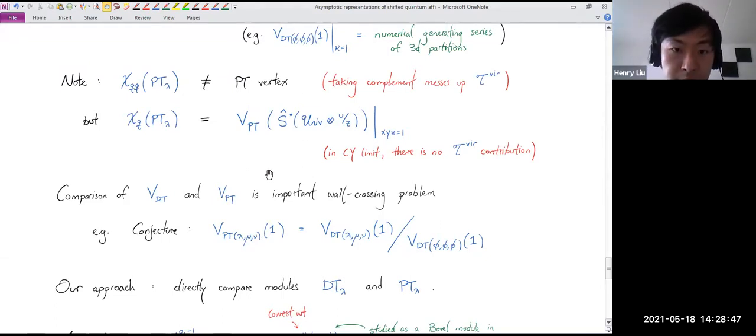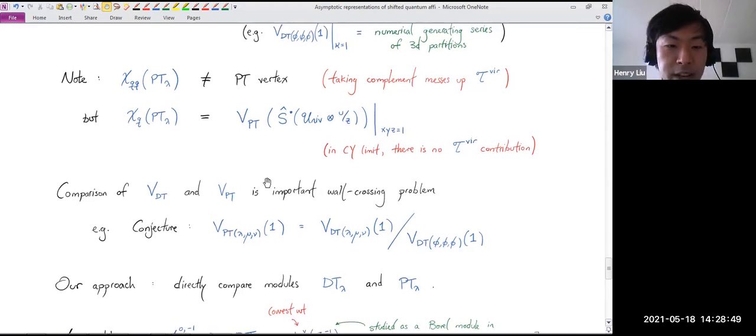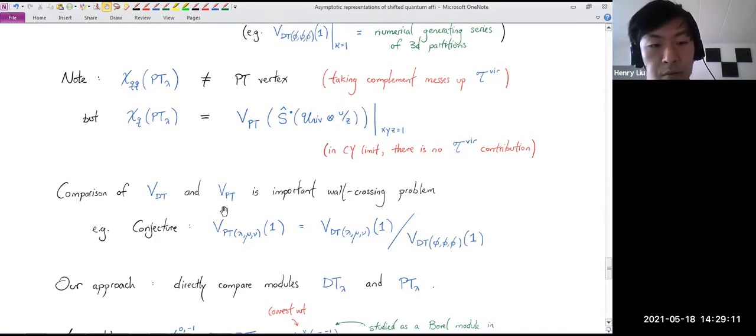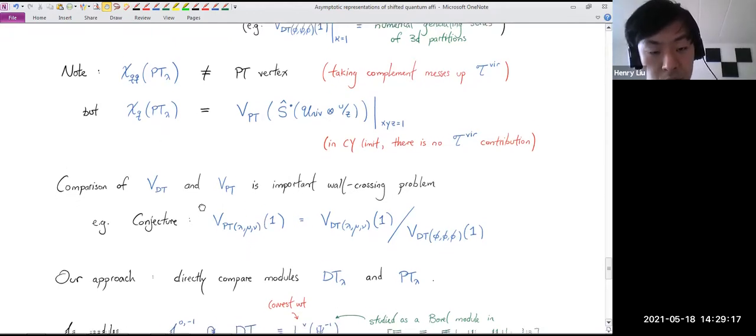Okay, so now that I've said something about the hardness of this problem, now I can finally say a potential approach toward understanding wall-crossing problems like this, which is that maybe instead of trying to control these enumerative series, these vertices themselves, we can recognize that they just come from these modules and try to relate the modules.